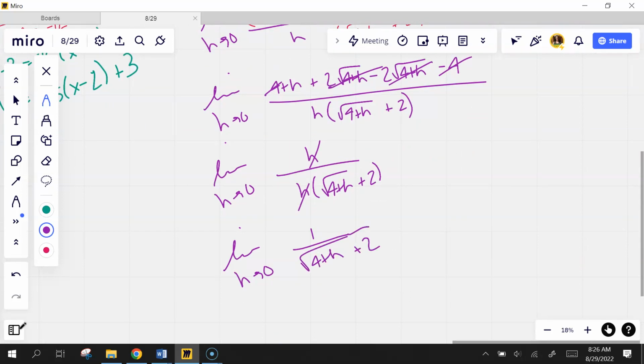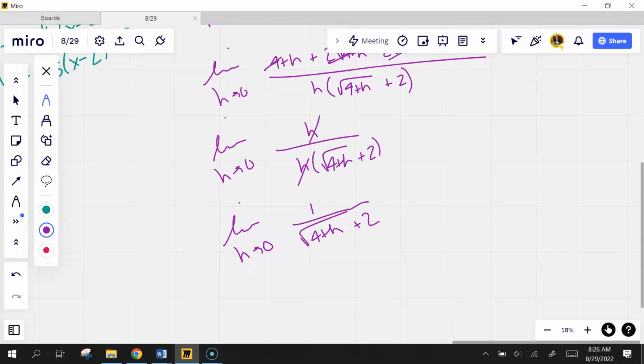Now I'm ready to sub in. One over square root of 4 is 2, plus 2 is 4. But I'm not done because I did all that to find the slope of the tan line.